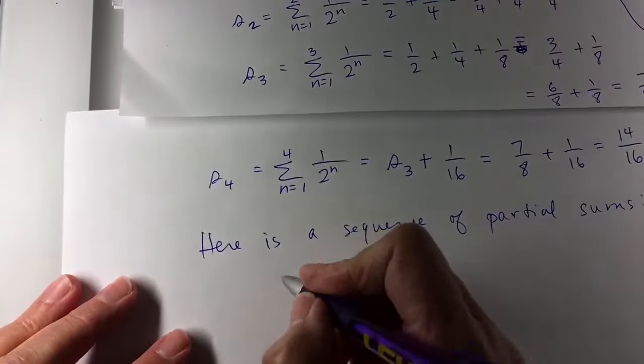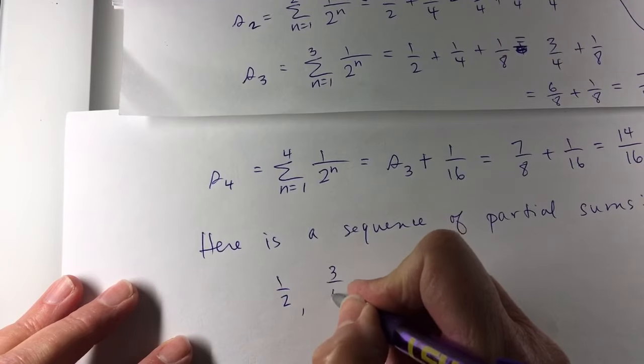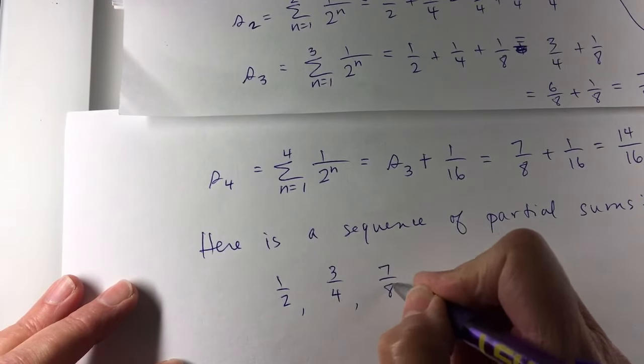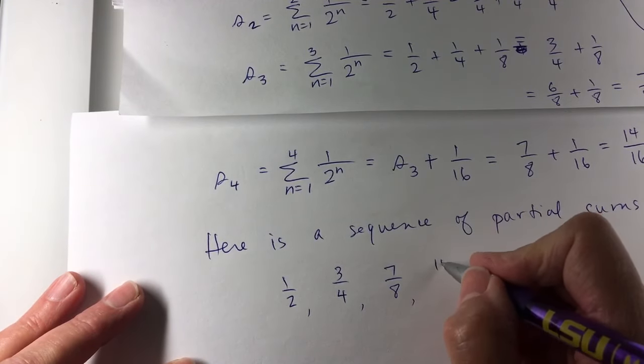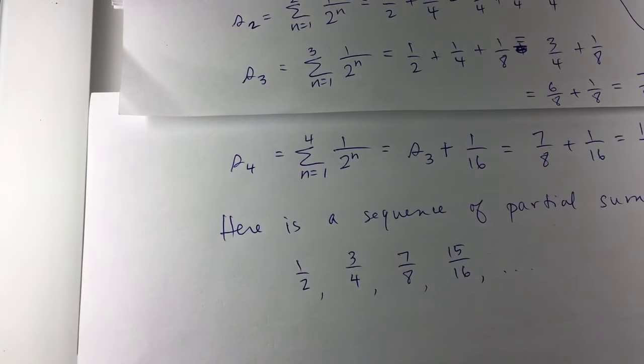S sub 1 was 1/2. S sub 2 is 3/4. S sub 3 was 7/8. S sub 4 is 15 over 16. What does it look like S sub 5 would be? 31 over 32.